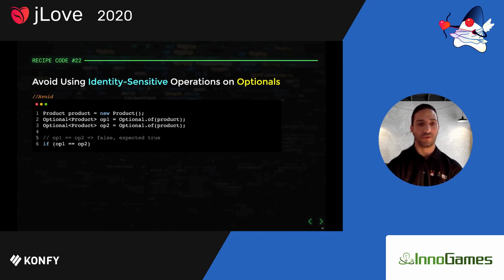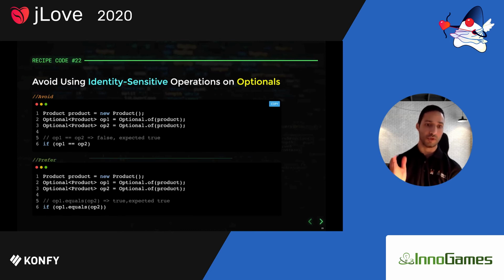It will return false, and you have to start to debug, until you understand that optional is an object, so you are trying to check the reference, not the content. So what to do in this case? As I told you, use equals, because equals is overridden inside the optional to check the values, not the reference.